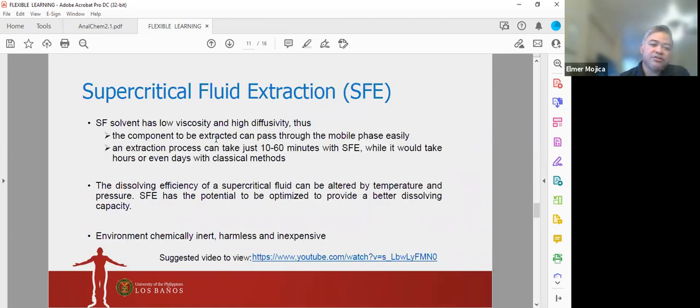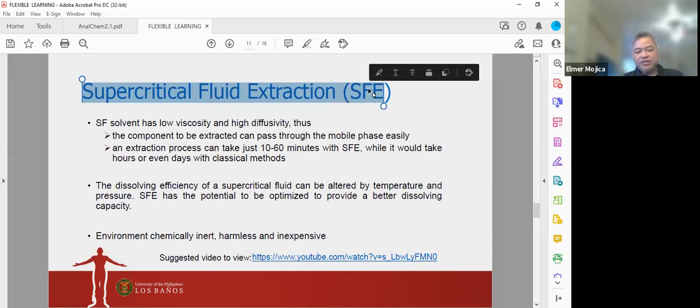Now, in terms of supercritical fluid extraction (SFE), let's look at the advantages of the supercritical fluid solvent. It has low viscosity and high diffusivity, so the component to be extracted can pass through the mobile phase easily.